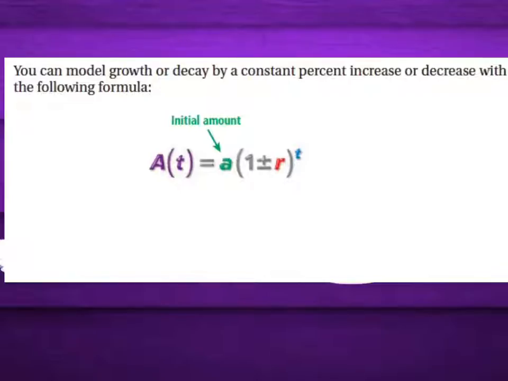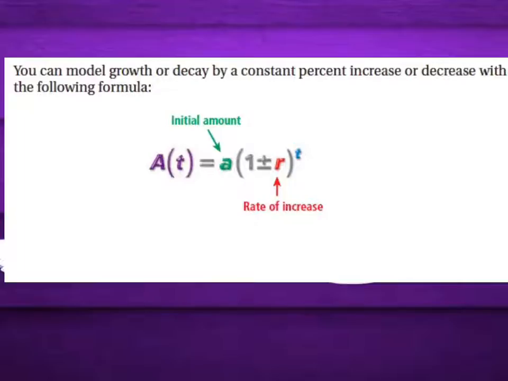And in this case, every variable stands for a different thing, as in most cases. So the first letter, which is in the color green, is your initial amount. So if you were talking money, you could say you started with $3,000. That would be what the value of A would be.